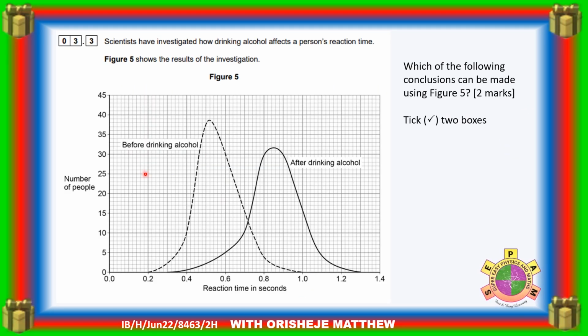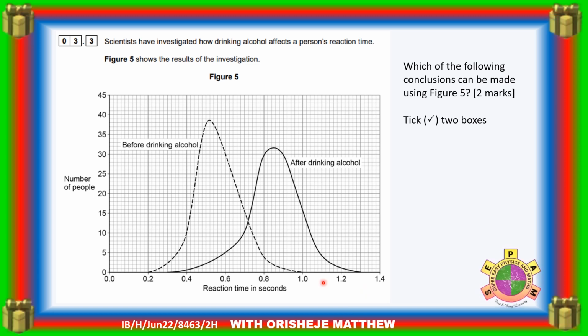Now, scientists have investigated how drinking alcohol affects a person's reaction time. The figure shows this. The broken, dotted line is before drinking, the normal, and the full curve is after drinking.